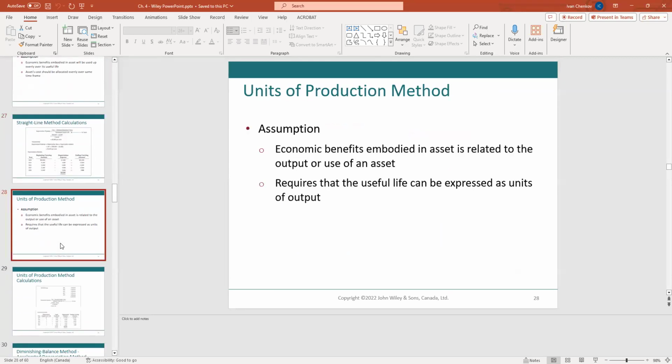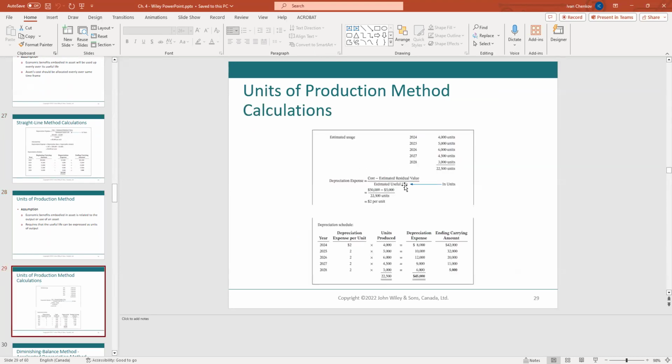If we're using the units of production method, we're going to depreciate the asset over the units that we're producing. So we're going to get the information about the units produced during the period over the useful life of the machine. We take the depreciable amount divided by the estimated units that we can produce over the useful life of the machine, and we come up with a cost per unit.